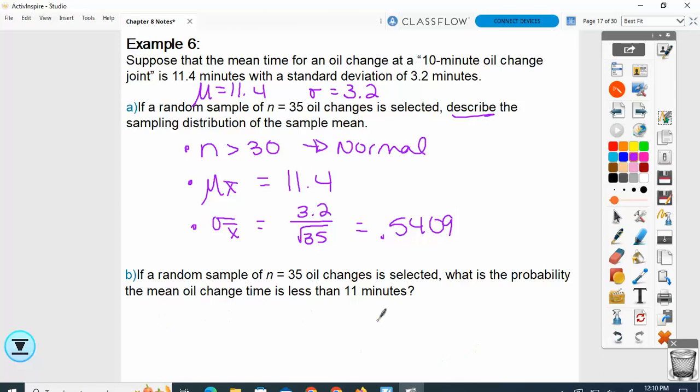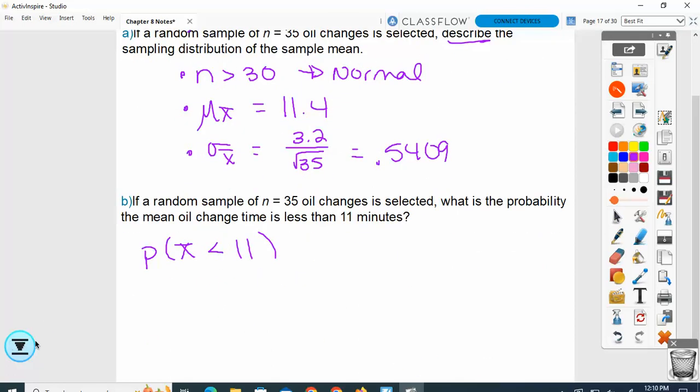So part B, what's the probability that the mean time is less than 11 minutes? So what do we have to do? We already found the mean and standard deviation. So 11 minus 11.4 over 0.5409.